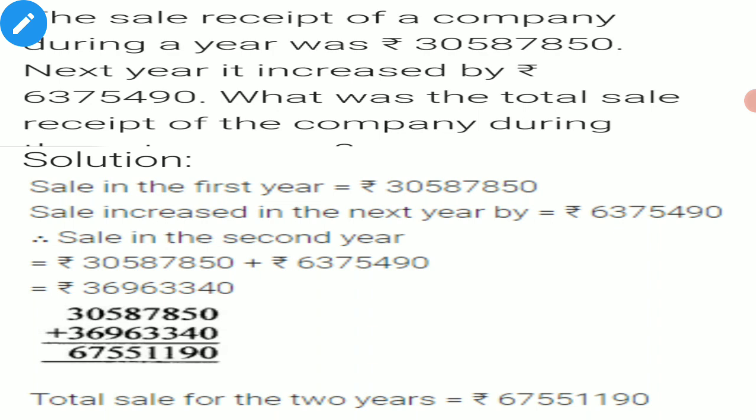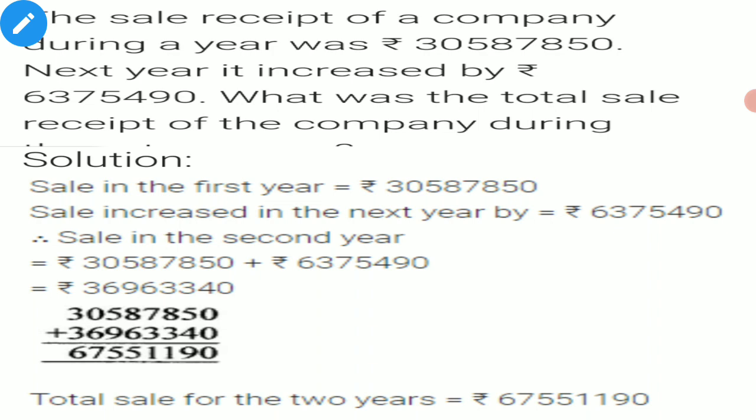What was the total sale receipt of the company during the 2 years? So the first year sale of the company is 3,5,87,850. In the next year the sale increased by 63,75,490. So we will calculate the sale of the second year.